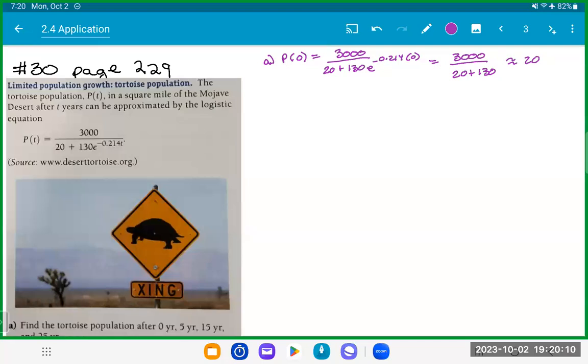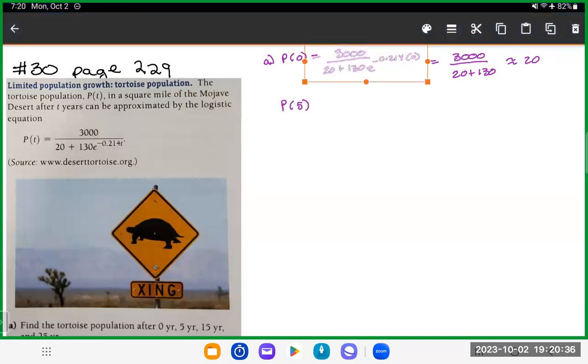What that's saying is our initial value we're starting out with in this square mile is 20 tortoises. Okay. Now we want to calculate how many tortoises there are after 5 years. We do the same exact thing, except now instead of substituting in 0, we substitute in the value of 5.